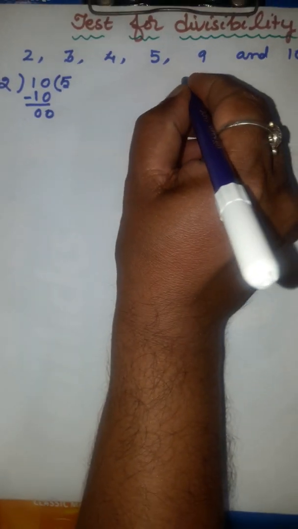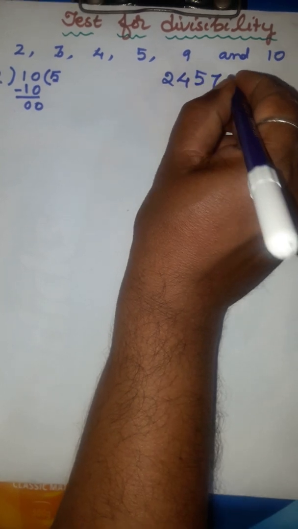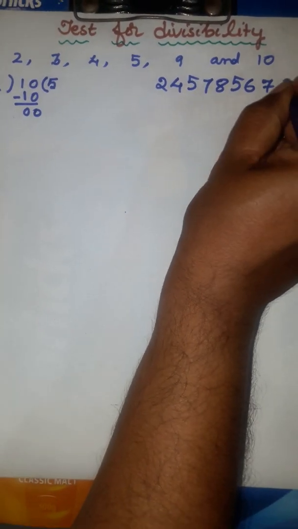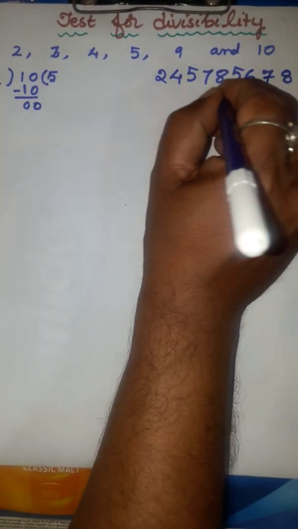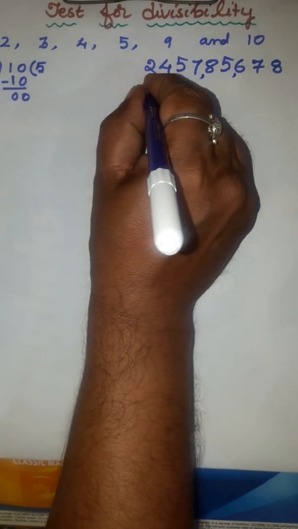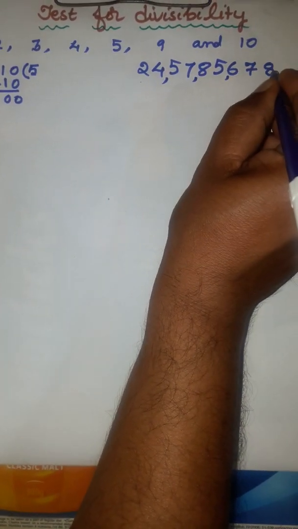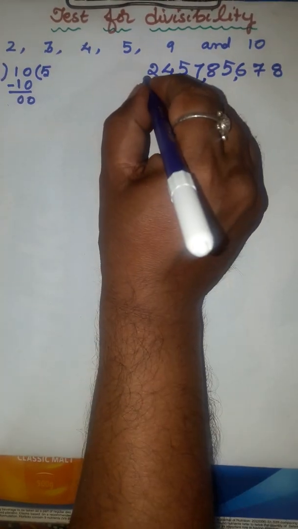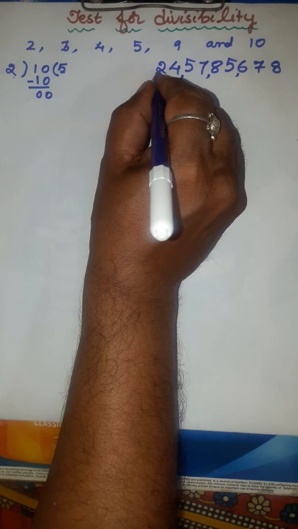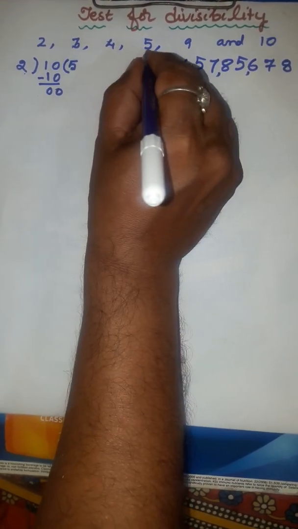Now if you have a large number like this, a very large number we are having, 24 crores 57 lakhs 85,678, of course again we have to do actual division to know whether this number is divisible by 3 or 4 or 5.